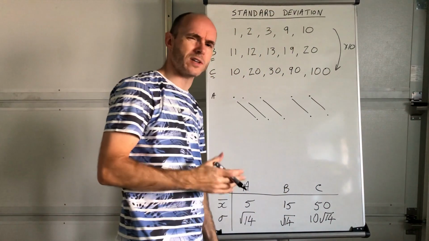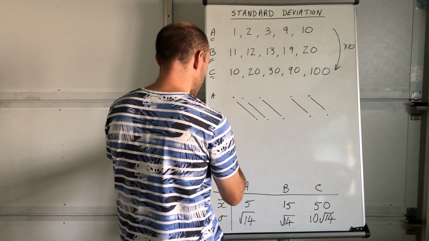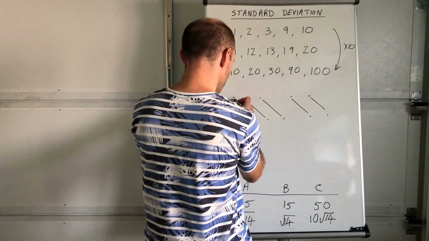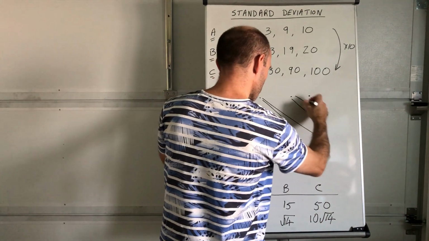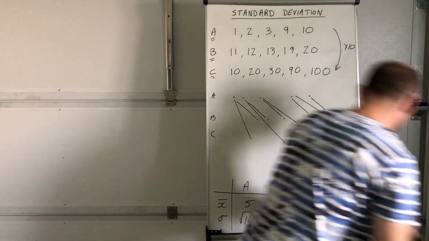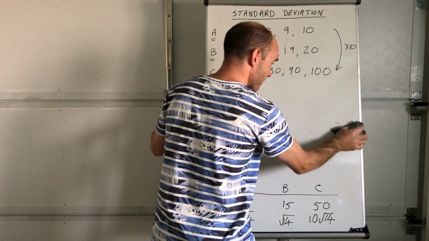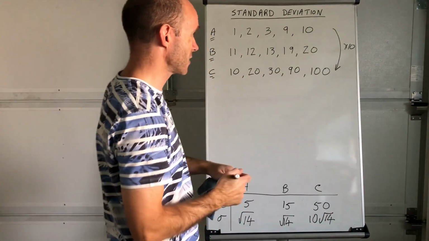It's not a diagram to scale. That's data set B. And then for data set C, I'm multiplying every figure by 10, so this one gets spaced out more, this one gets spaced out a lot more. They're all getting spaced out more, but the relative spacings between them are all going to be by a factor of 10. Hence the standard deviation has increased by a factor of 10 as well.